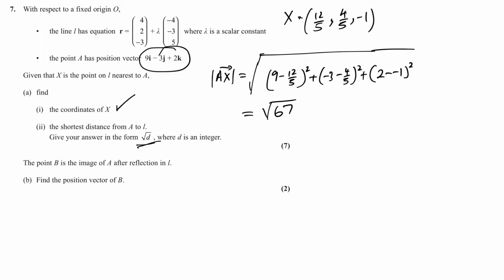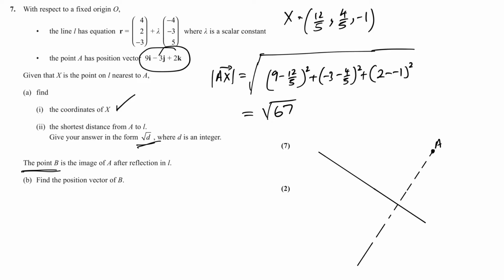Now, second part here, we've got the point B is the image of A after reflection in L. So if I go back to my original sketch, just as a rough idea, we had my line L, we had A, and I did a little dashed line on it, didn't I?